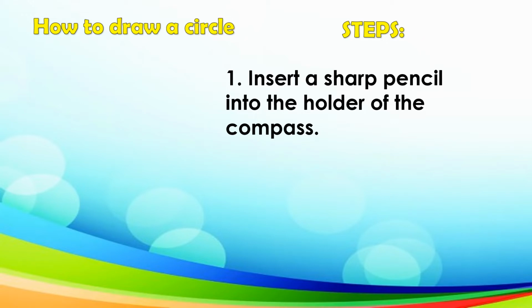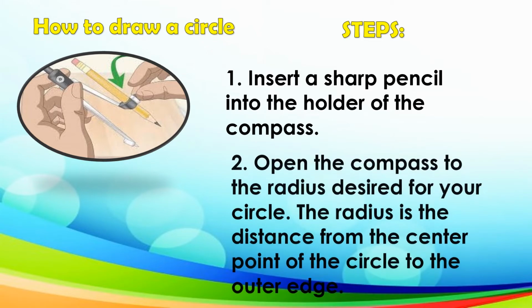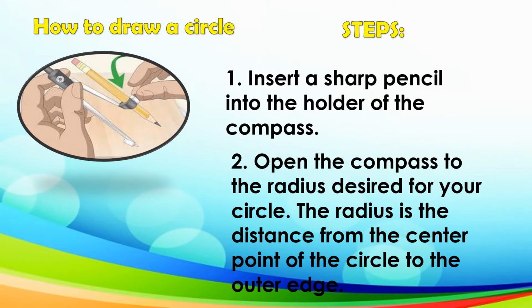First, insert a sharp pencil into the holder of the compass. Another, open the compass to the radius desired for your circle. The radius is the distance from the center point of the circle to the outer edge.